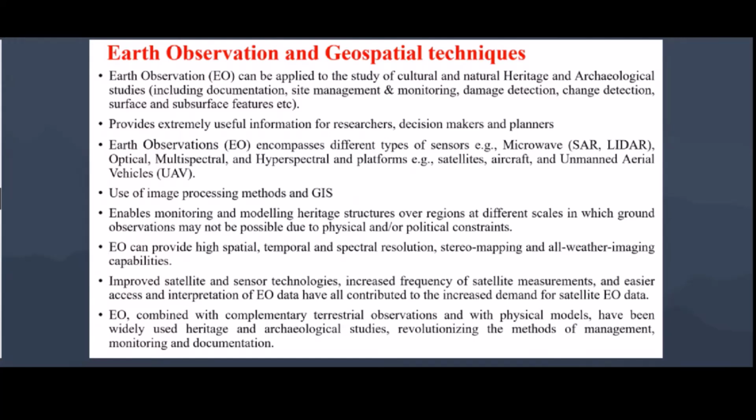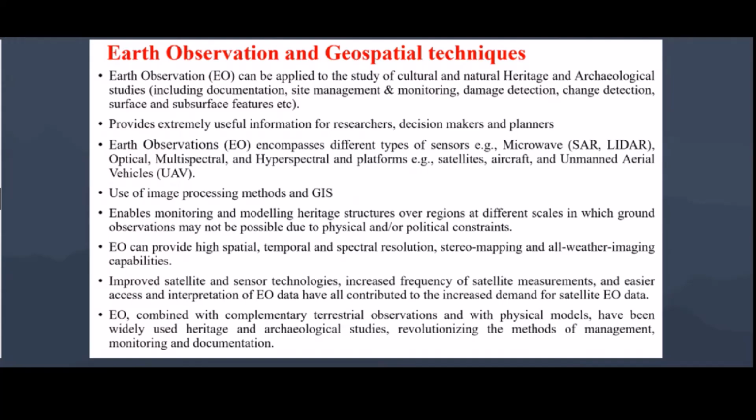Spectral resolution, as I said, especially with hyperspectral data: if there is a feature which is present only in a very narrow region of the spectrum, then we will be able to use this high spectral resolution data and interpret those or similarly reflecting features. One will be able to make a very detailed mapping of that area.